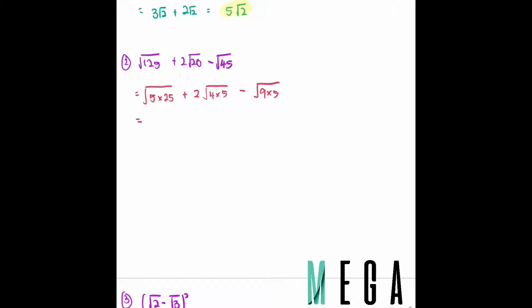For this I can simplify into 5 surd 5 multiplied by surd 25, plus 2 multiplied by surd 4 multiplied by surd 5, and minus surd 9 multiplied by surd 5.